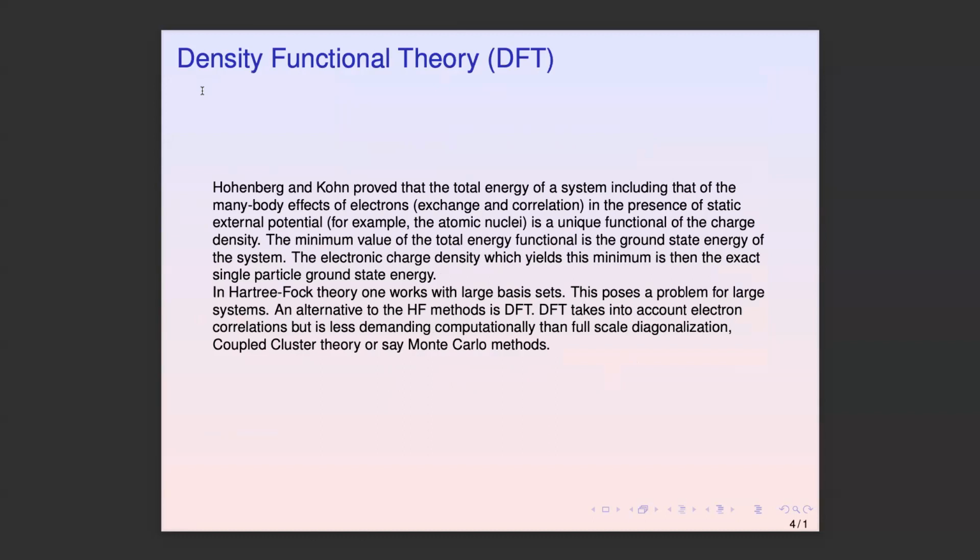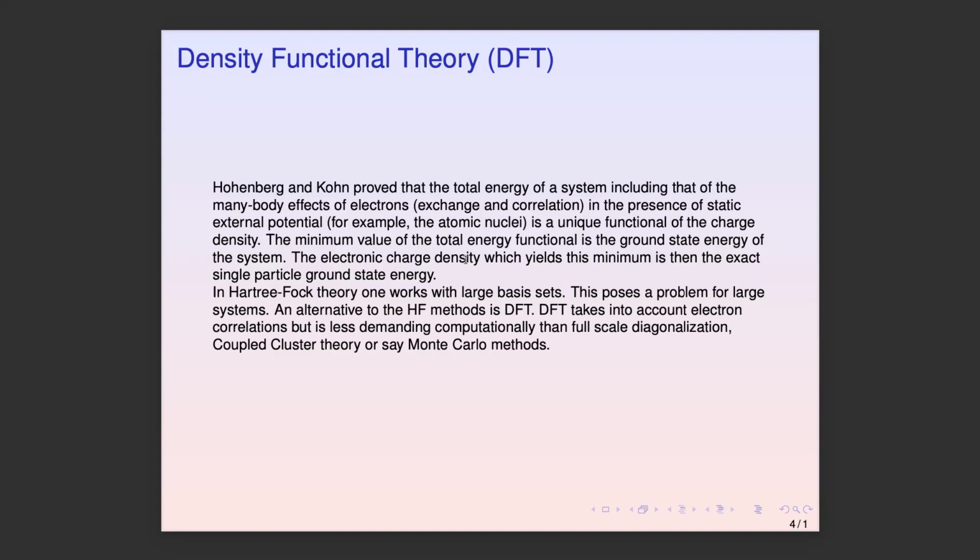So what Hohenberg and Kohn proved is that we can now express the total energy of the system for, let's say, a system of electrons, or this could just be a system of fermions of other types of particles. You can use the same formalism for systems of protons and neutrons in dense nuclear matter, except that in that case, you don't have a static external potential, which in our case could be an atomic nucleus, or it could be the background charge from the ions in the electron gas.